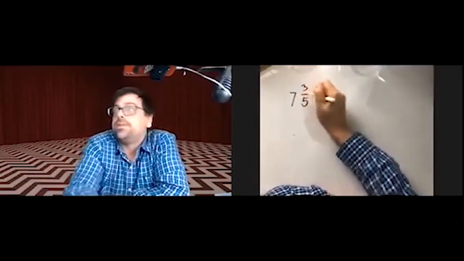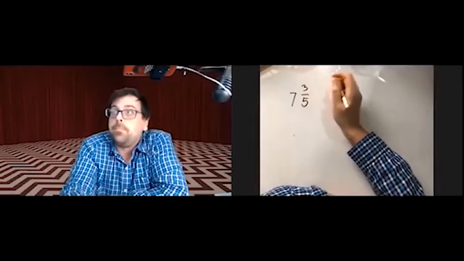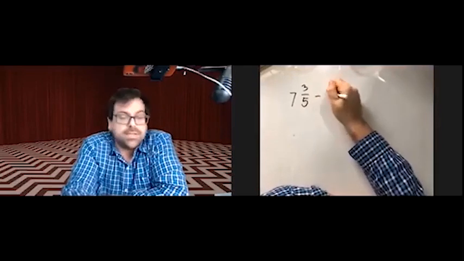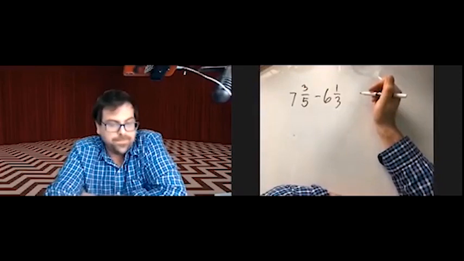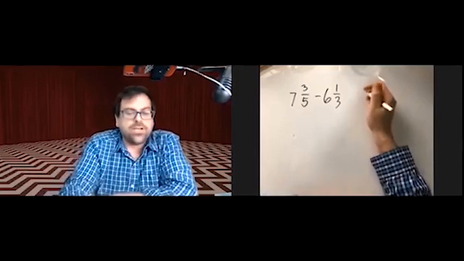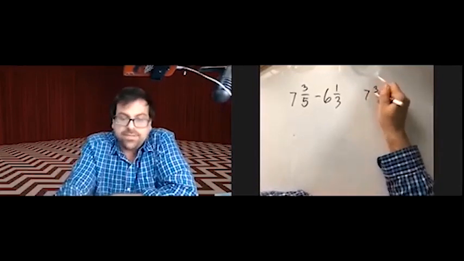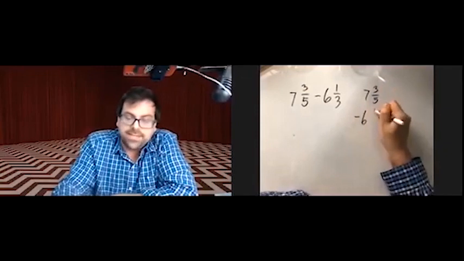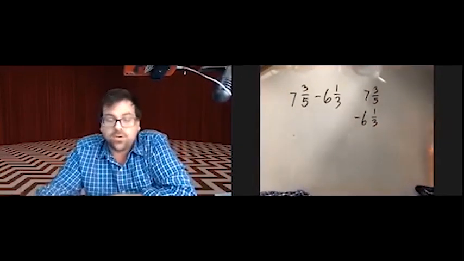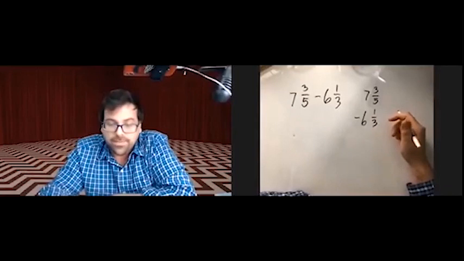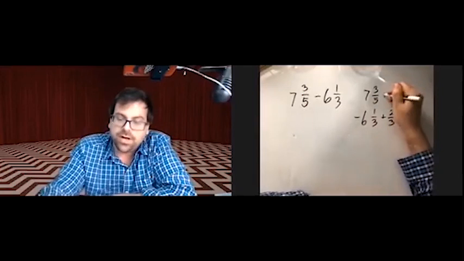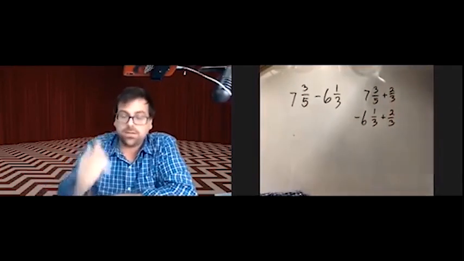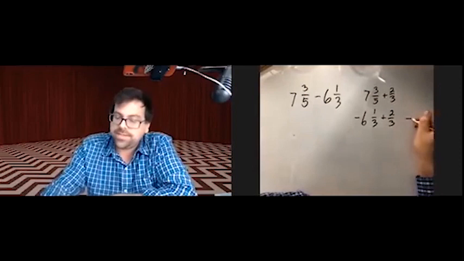7 3/5 minus 6 1/3. If I wanted to use my trick, 7 3/5 minus 6 1/3, I'd like to subtract a whole number. I'd like to subtract 7. So to turn this into 7, I'd have to add 2/3, and I'll add 2/3 there as well. That turns this into minus 7.